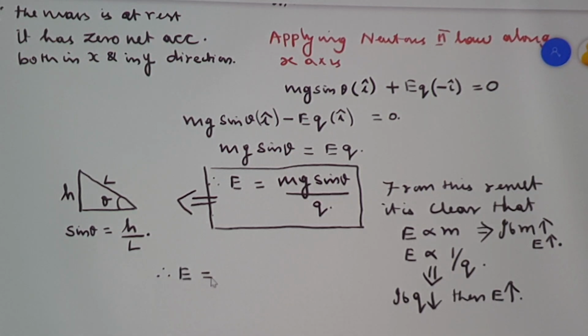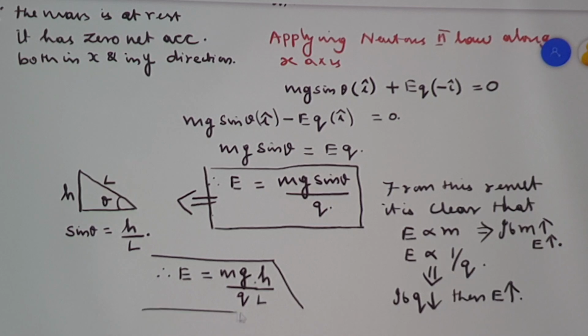Therefore, E equal to M into G divided by Q, multiplied with, instead of sine theta, you substitute this value, H divided by L. This is another form of writing the answer for this problem.